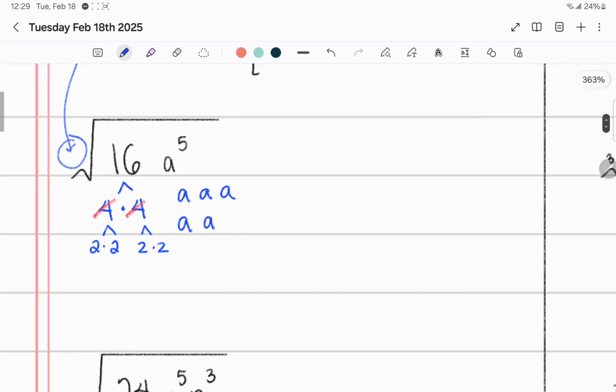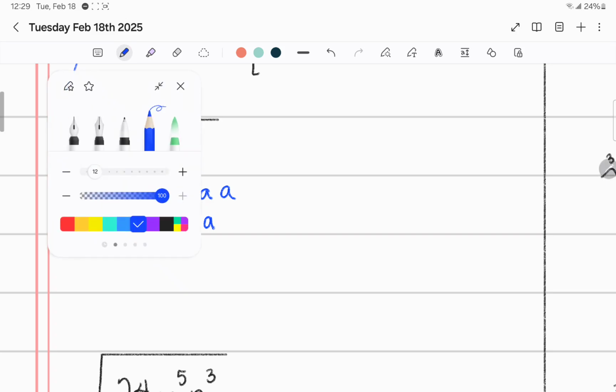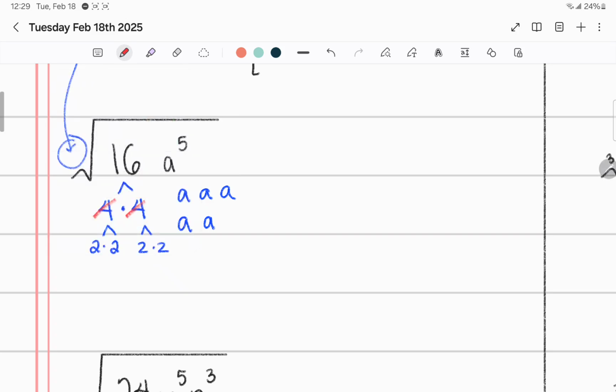So again, I want groups of 2, not that it has to be the number 2. In this case we do have 2s, so it will be pairs of 2s. But in any other case, we just want 2 of anything: 2 3s, 2 4s, 2 5s, 2 A's, 2 B's, 2 C's, anything that we can make 2 of.